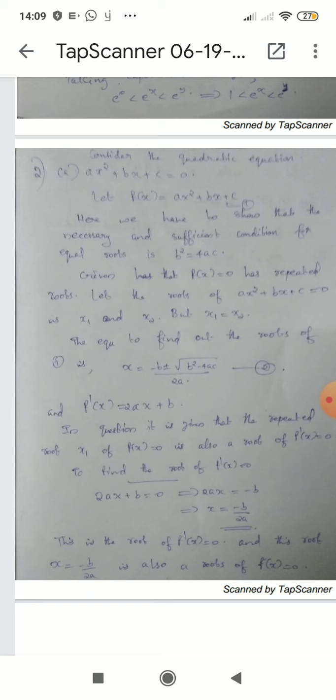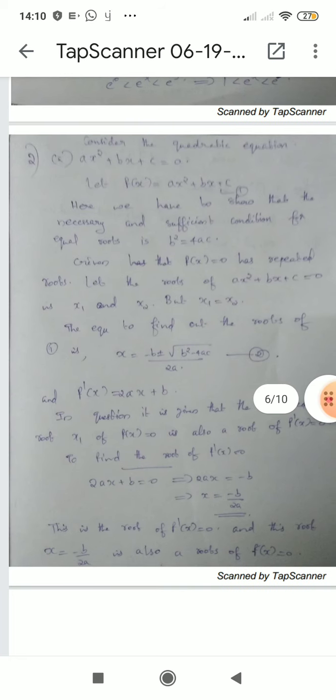Right? I mark f of x as equation number 1 and x equal to minus b plus or minus root b square minus 4ac by 2a as equation 2. Okay. Then what is our aim? We have to show that the necessary and sufficient condition for equal roots is b square equal to 4ac.